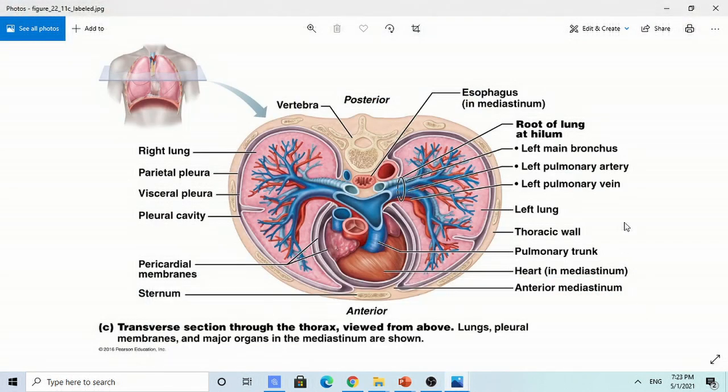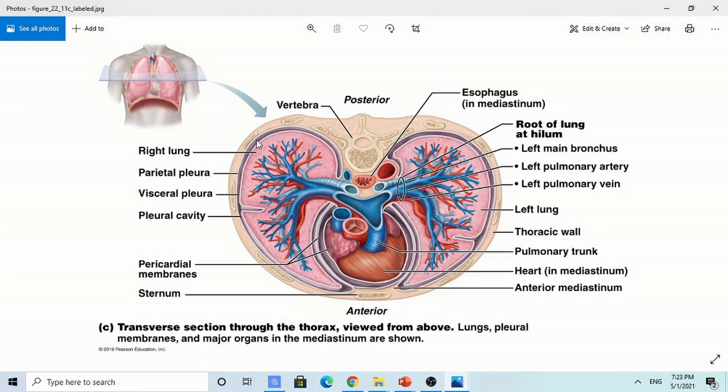This can be seen in more detail on the following picture. Look here. This is a transverse section through our chest. What we can see here is the visceral pleura, which is directly adhered to the lungs, and the parietal pleura, which is adhered to the thoracic or chest wall.